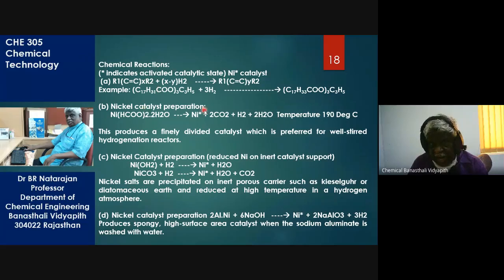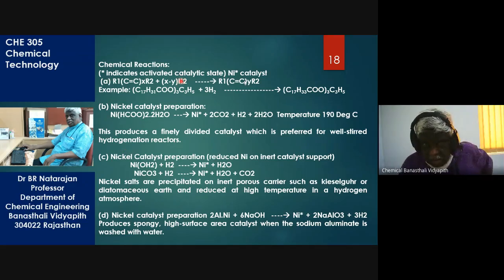Right? Nickel catalyst preparation. This is the nickel formate, Ni(HCOO)2·2H2O. It forms nickel, carbon dioxide, hydrogen, water, and temperature is typically 190 degrees. This produces a finely divided catalyst which is preferred for well-stirred hydrogenation reaction.